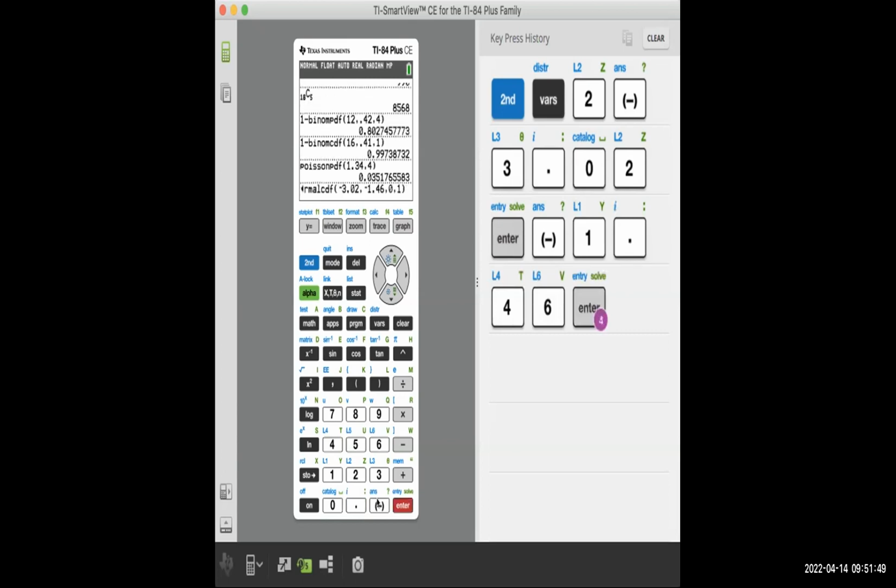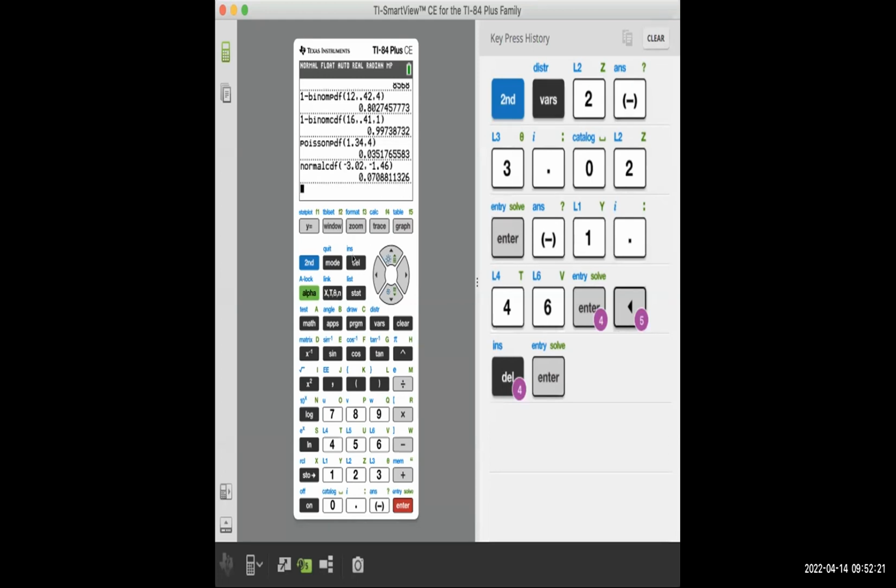It's a standard normal curve, so I don't need to input the zero and one for the mean and standard deviation. Those are actually superfluous, they're unnecessary. So I get 0.070881136.